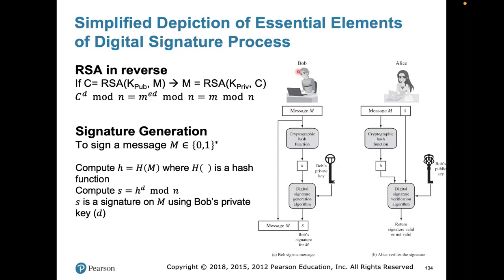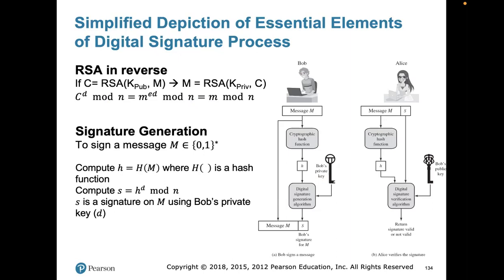If Bob encrypts with the private key, Alice will be able to decrypt it using the public key of Bob. And here is the kind of notation that we can look at.